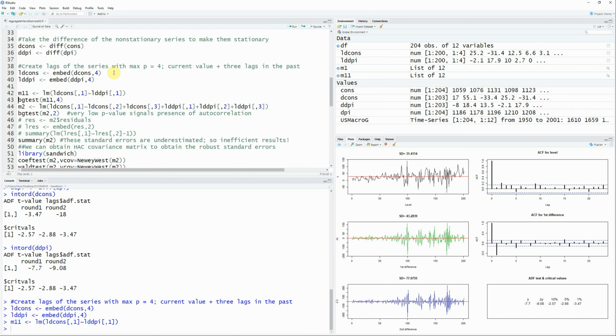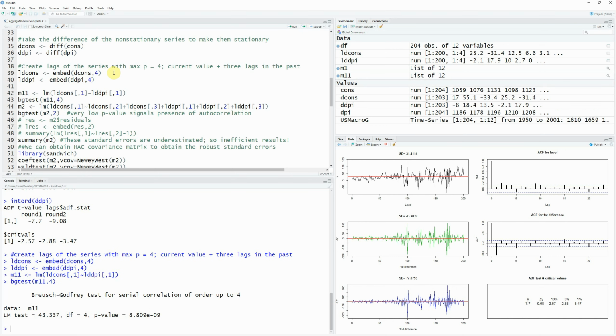But let's look at the BG test, the Breusch-Godfrey test. It gives us a very, very small p-value. That is telling us there is high serial correlation among our error terms, perhaps because we didn't include enough lags.